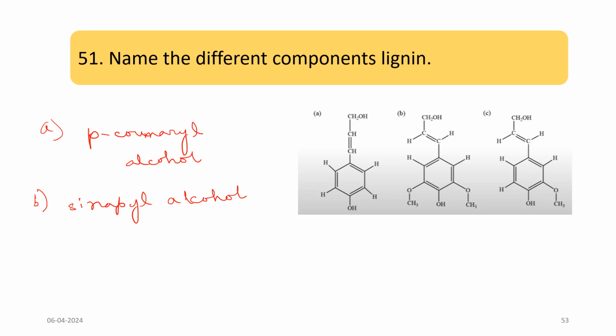And C is coniferyl alcohol. So these are the different structures of the lignin component. You can see there is only OH here. Here there are OCH3, OH, OCH3. The last one has only OCH3 and OH. So these are the different structures of a lignin component.